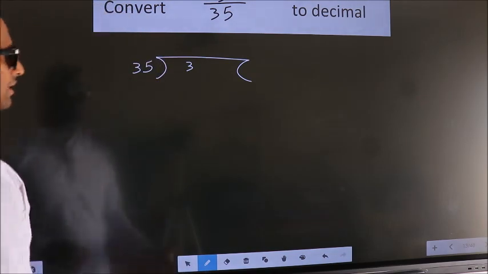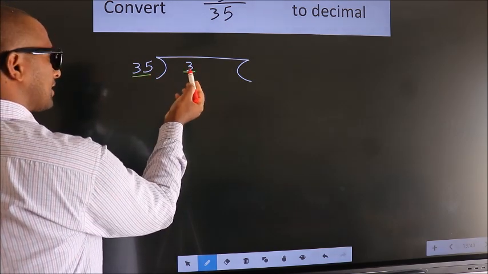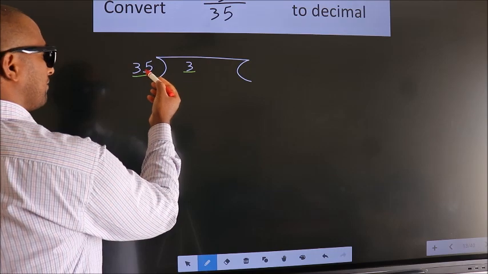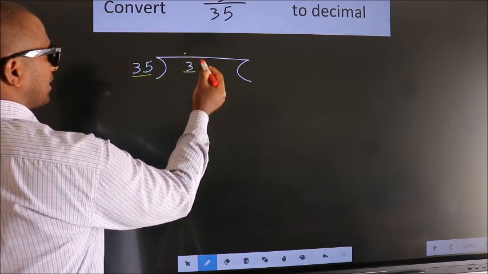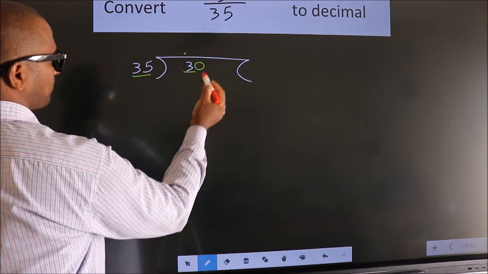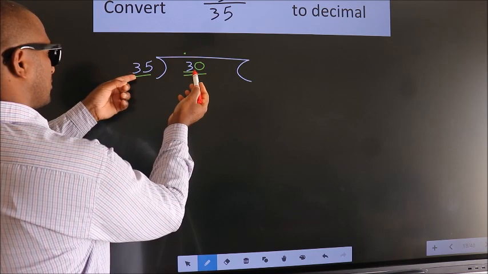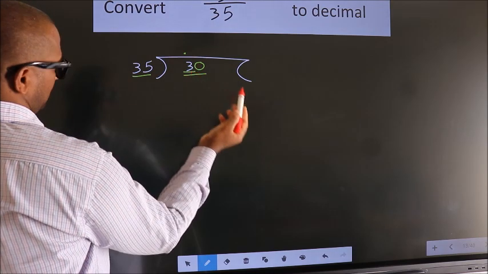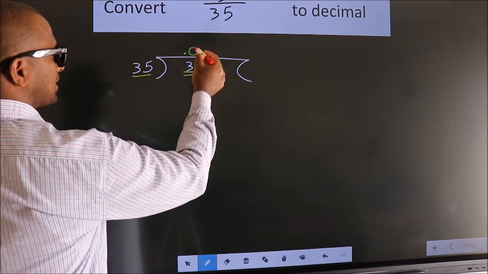Next, here we have 3, here 35. 3 is smaller than 35. So what we should do is, we should put a dot here, take 0 here. So 30. 30 is still smaller than 35. So to get one more 0 here, we should put 0 here.